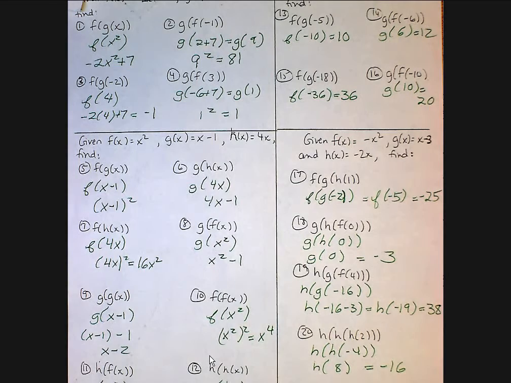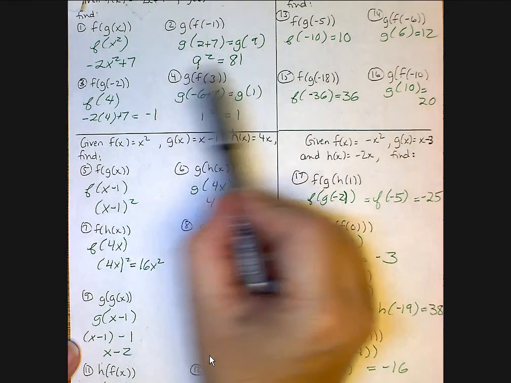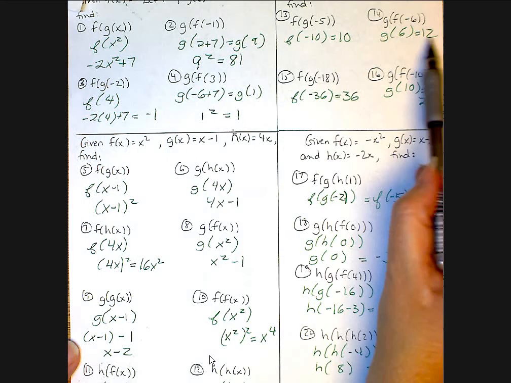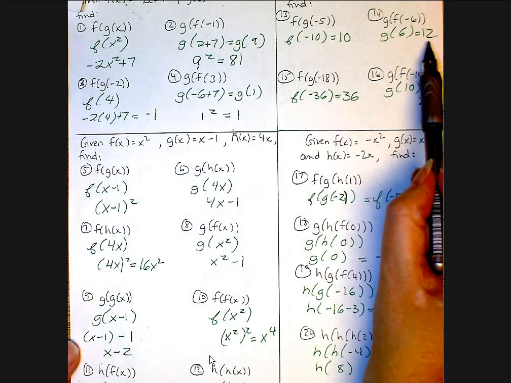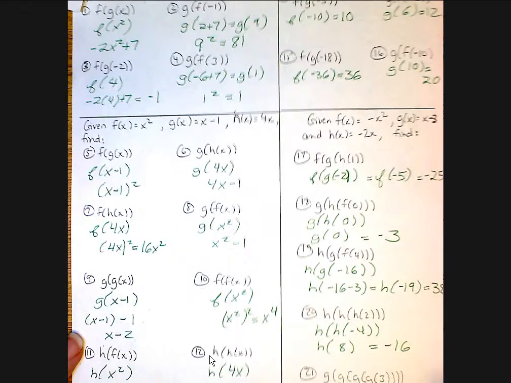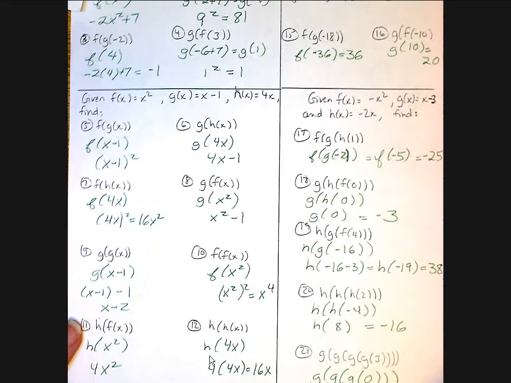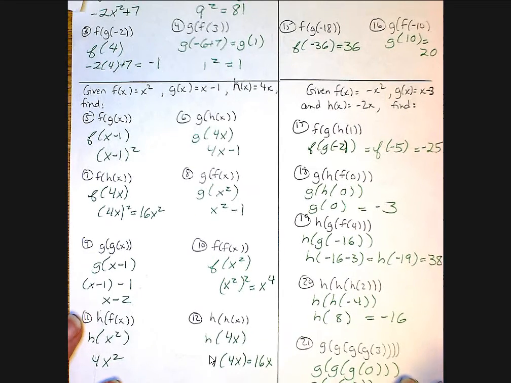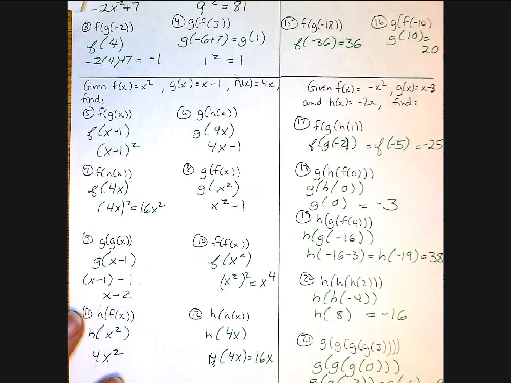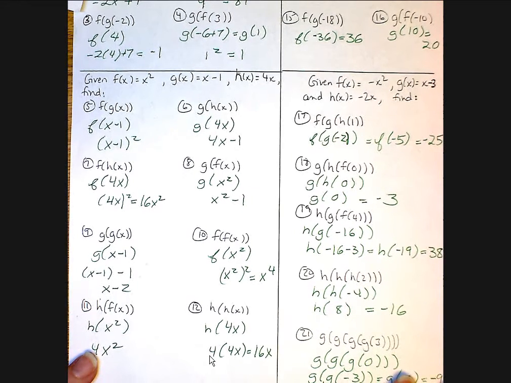So, really quickly, we make sure you have 13 is 10 and 14 is 12. And then I'm going to move that up so that you guys can see the bottom. 21 is -9. All right.